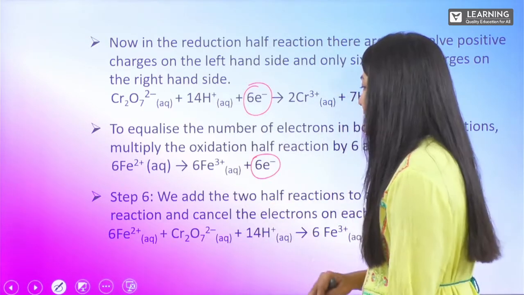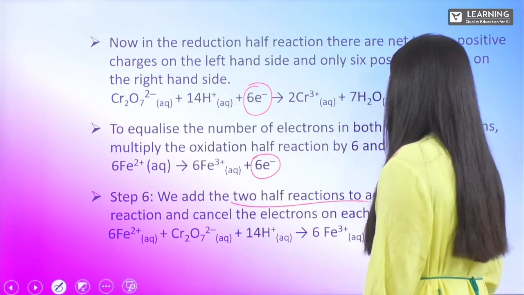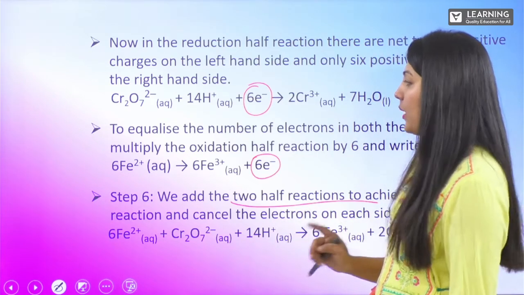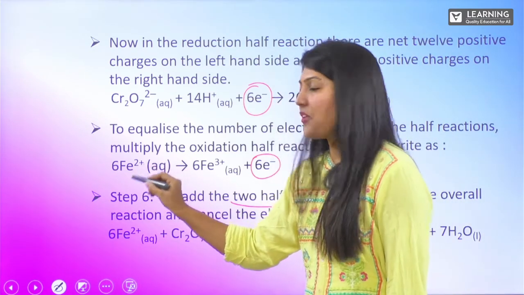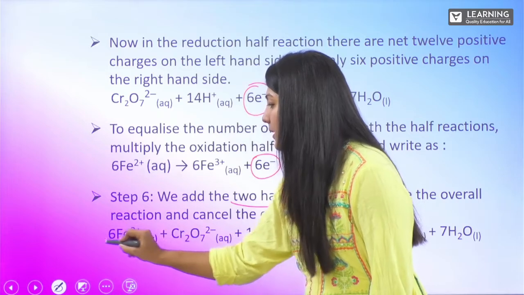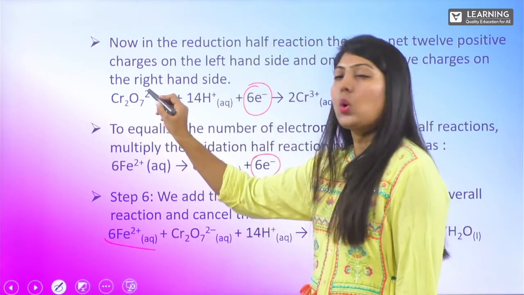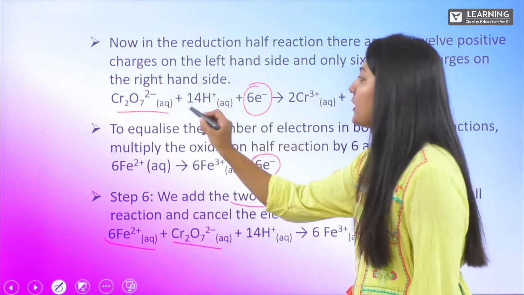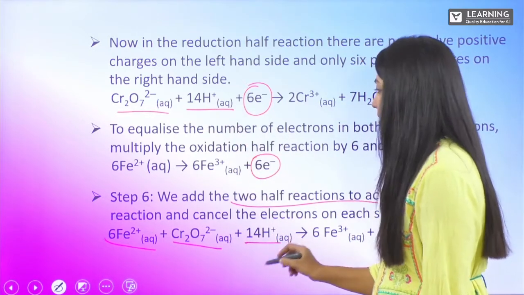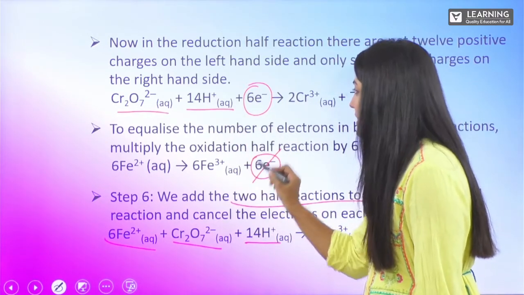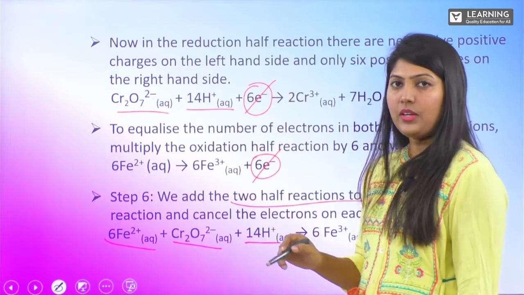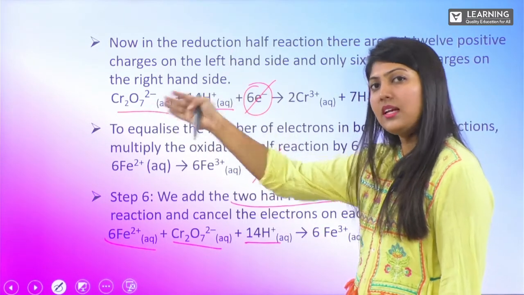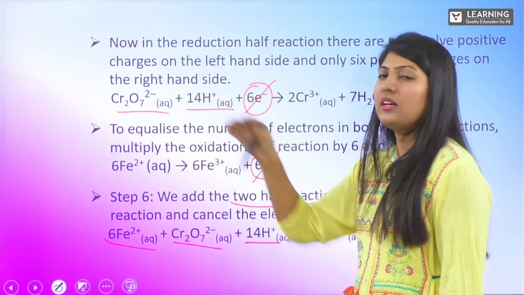Okay. The next step, we need to add both the half reactions so that we get the balanced reaction. So how to add? 6 Fe2+, Cr2O7 2-, 14H+. The electrons will get cancelled on both sides, because this is on the product side and this is on the reactant side.